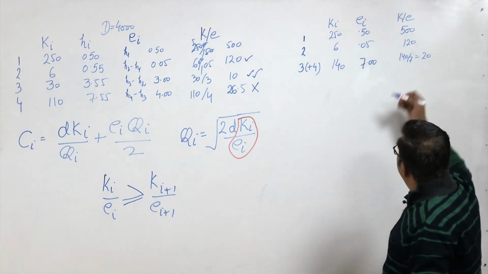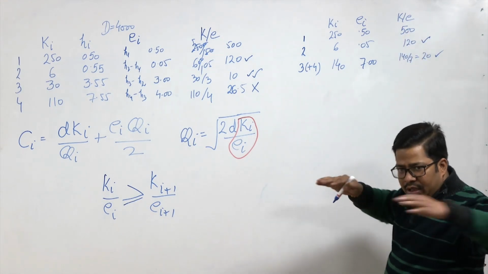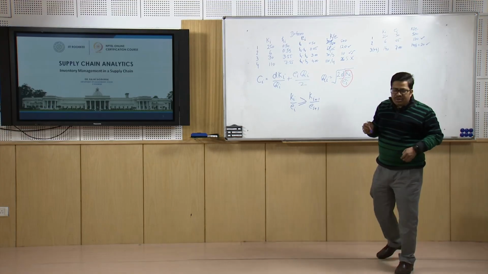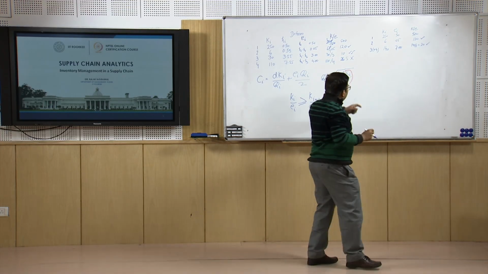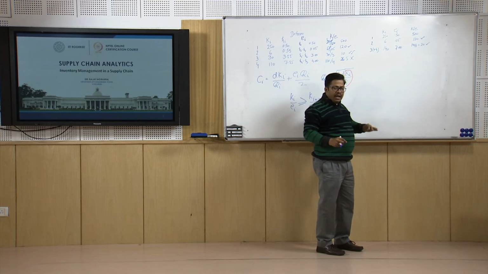So now you see 120 and 20. So you have a pattern that the ratios of K upon E in this particular case are following the required condition, and now we can apply this model.